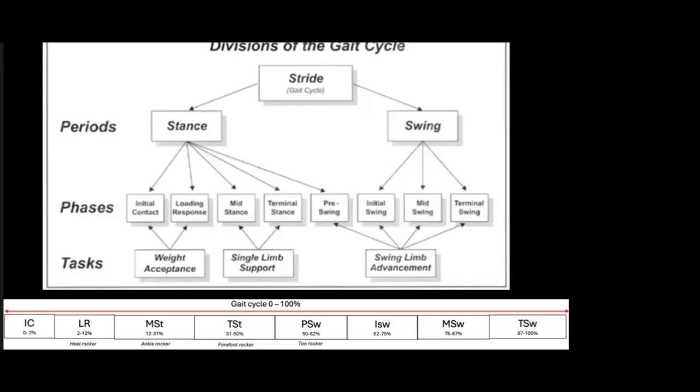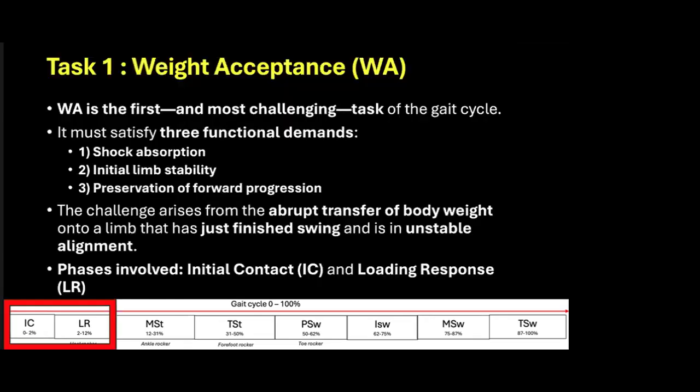The periods are stance and swing phase, and the phases are initial contact, loading response, mid stance, terminal stance, and pre swing. These are the phases of the stance period. Then, the phases of the swing period are initial swing, mid swing, terminal swing, and the tasks are weight acceptance, single limb support, and swing limb advancement. I will talk about the 3 tasks, and then I will start talking about the periods, and describe the gait as per the periods.